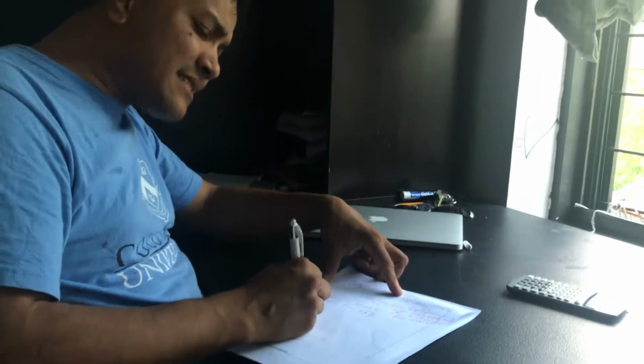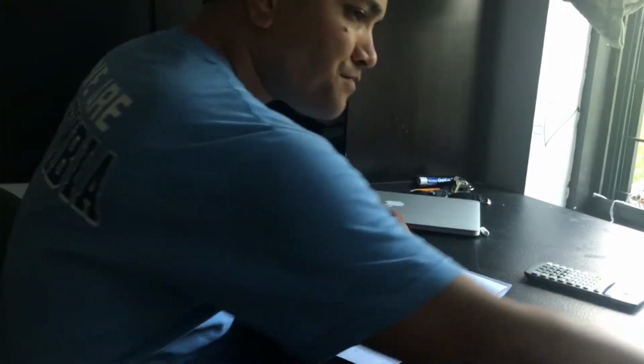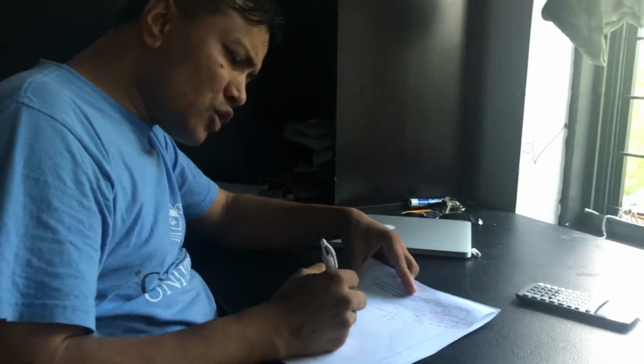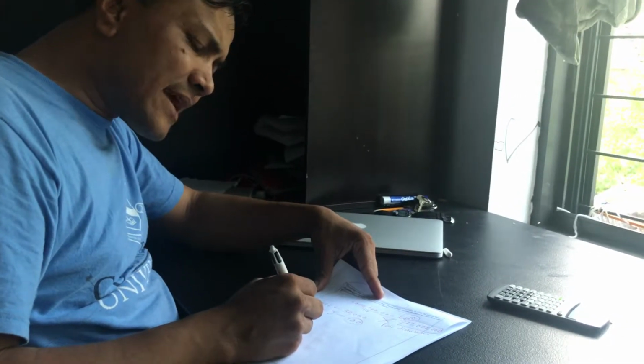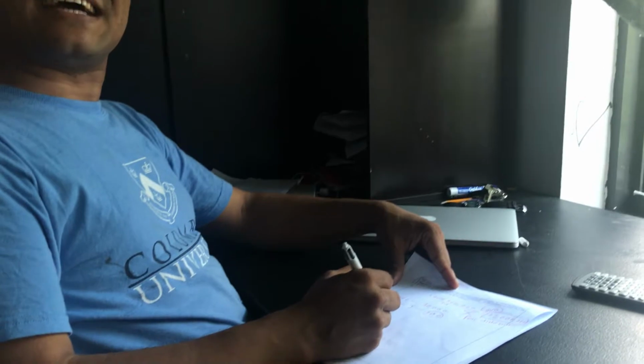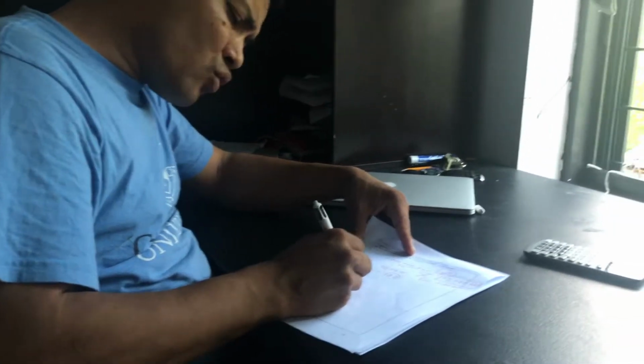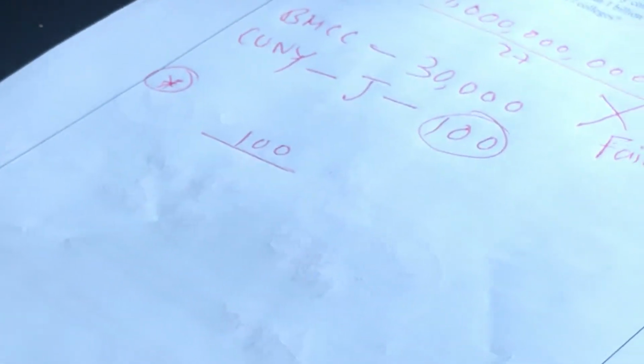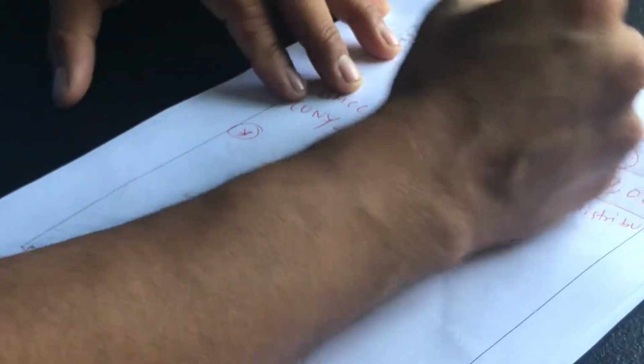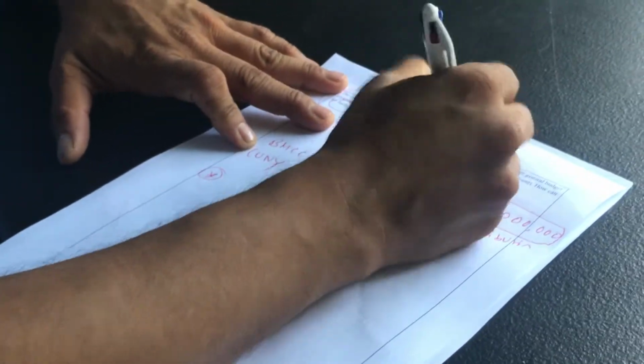Well, let's try the second way. How can we do that? Let's say the CUNY School of Journalism, as we said, has 100 students. So 100 divided by the whole CUNY population. I checked the CUNY population last time. I'm a CUNY student.